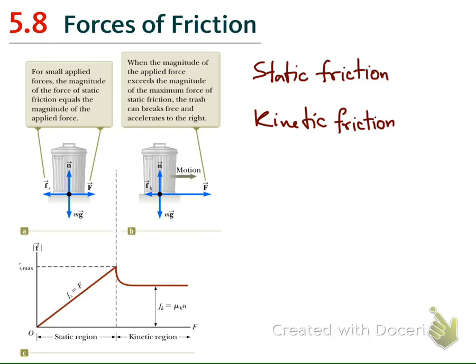Static friction happens when we try to move an object, but it still does not move. As in this figure, you apply the force F to move this object, but the contact between this object and the surface has static friction. You apply the force, but the object does not move.